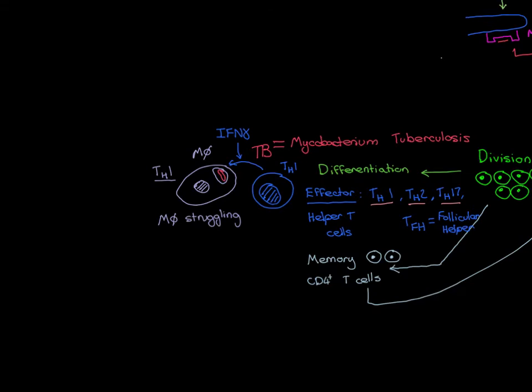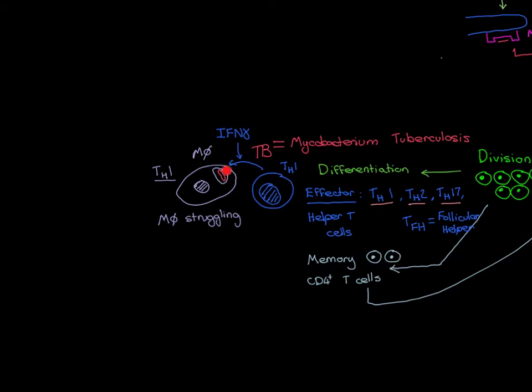And again, I'll stress that we don't completely understand what determines what type of T helper cells these cells are going to differentiate into, but we think what must happen is at the sites of inflammation, the cells of the innate immune system, such as the macrophages, must release signaling molecules that go to the lymph node and say what type of helper T cell we need.